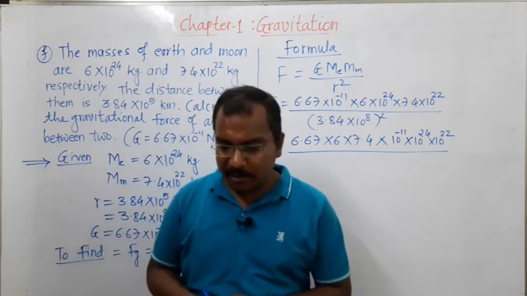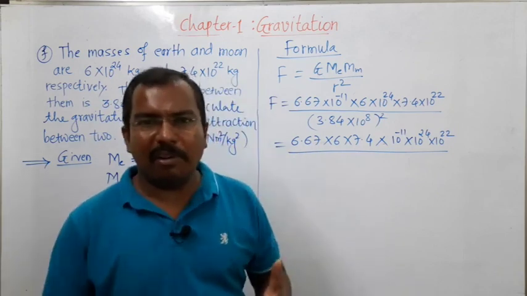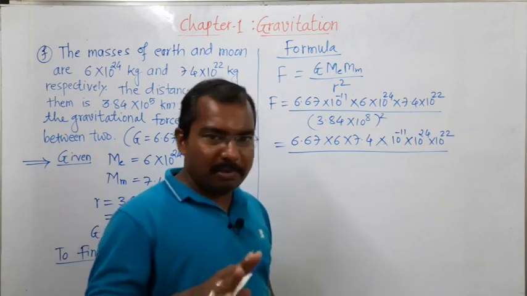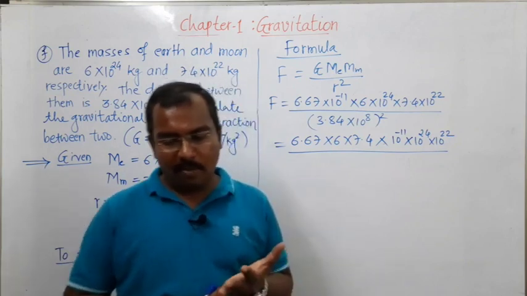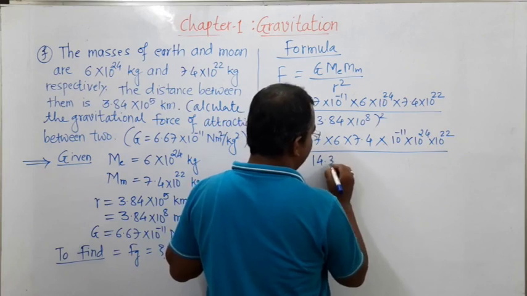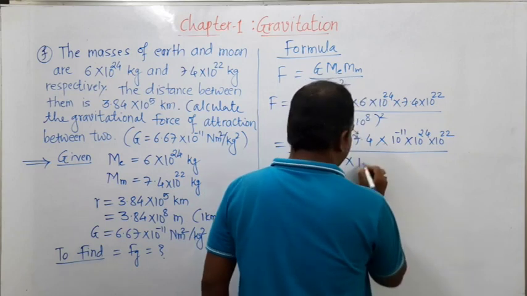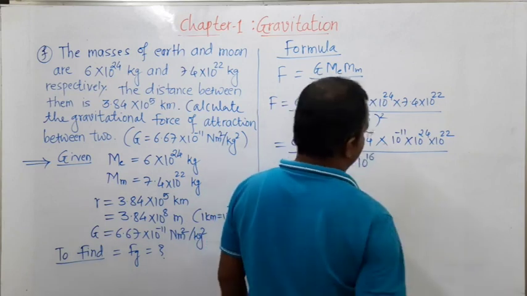So the square of 3.84 is 14.74 or something. So I will write up to 2 digits, that is 14.34 into 10 power 8 into 2 is the 10 power 16.